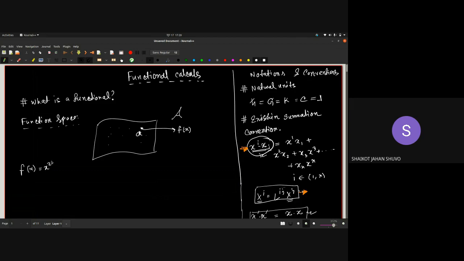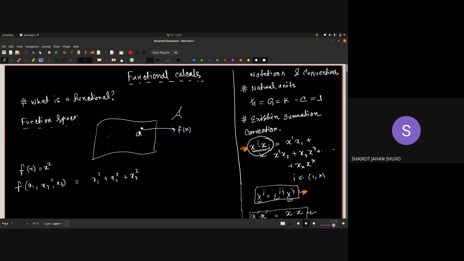This can only produce a number if you provide a value of x, right? Which can be your space-time coordinate or something. And it can be a multivariable function as well, x1, x2, x3, let's say x1 squared, x2 squared, x3 squared. If you have the values of x1, x2, and x3, then you can extract a number from this function.